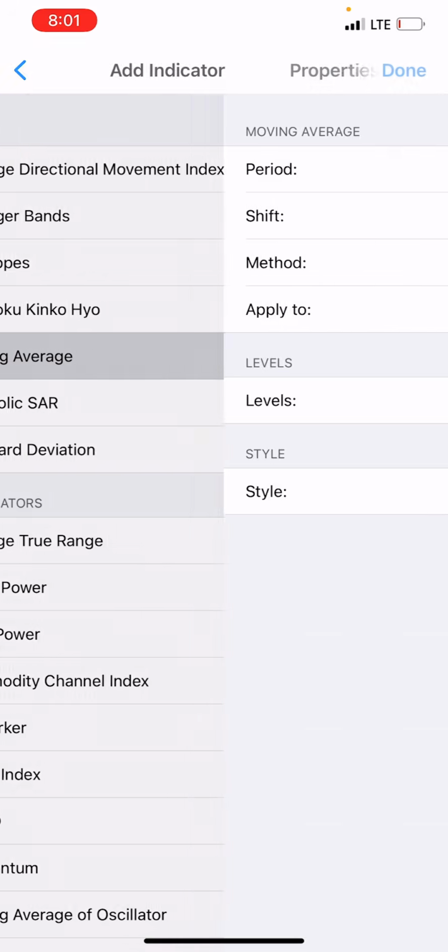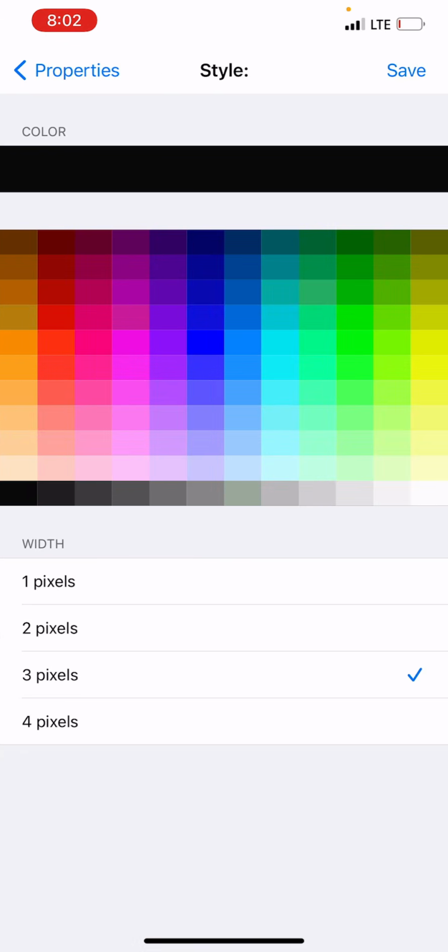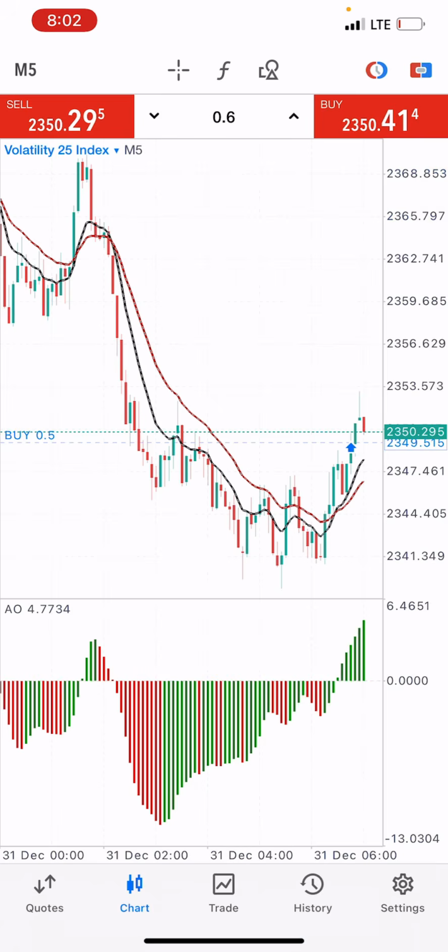Period 21, period 21. Then shift 0, method exponential, apply to close. The style, let's use red, guys. The 3 pixels, you click done.